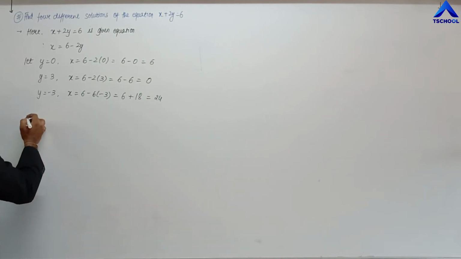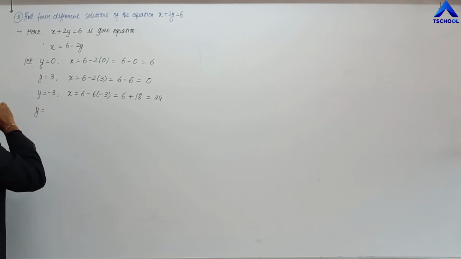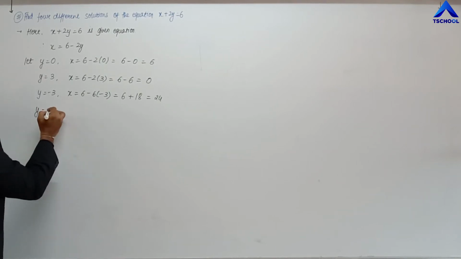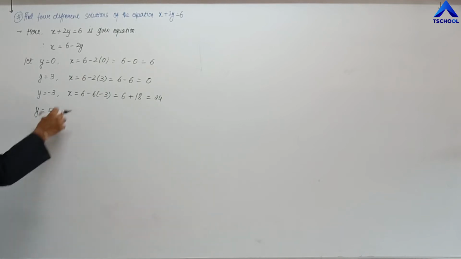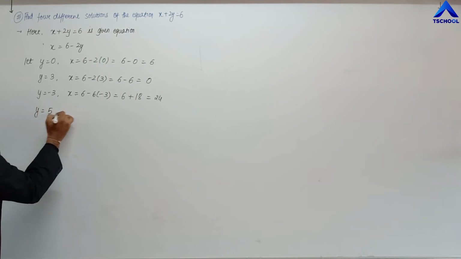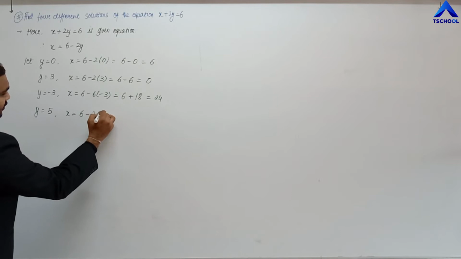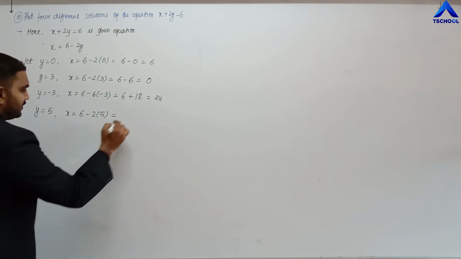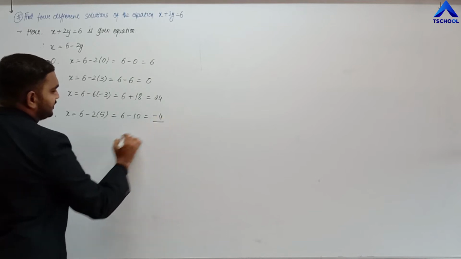And lastly, let us take y equals 5. You can take any random values, whatever you like, 5, 2, 4, anything. Let me take 5 only. So that is x equals 6 minus 2 into 5, which is 6 minus 10, which is equal to minus 4.